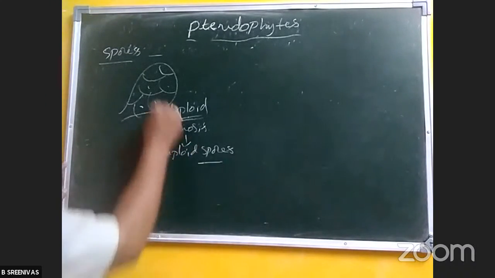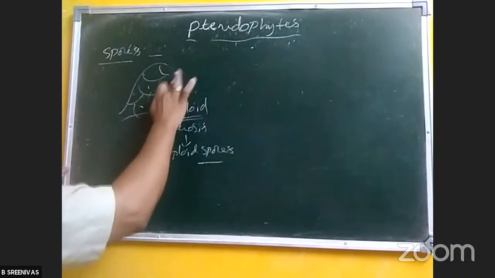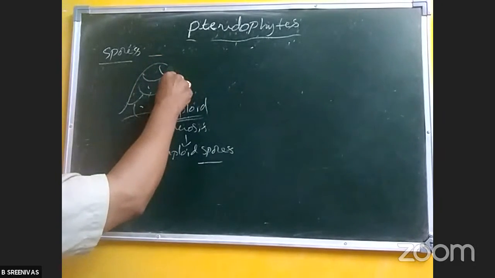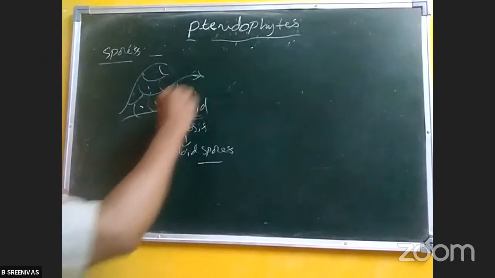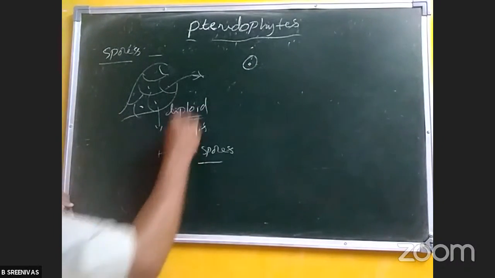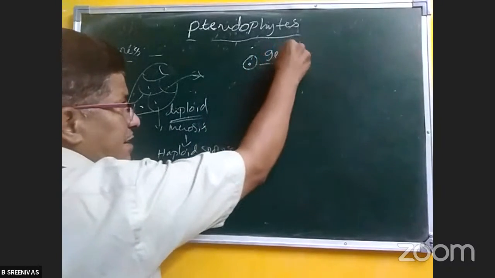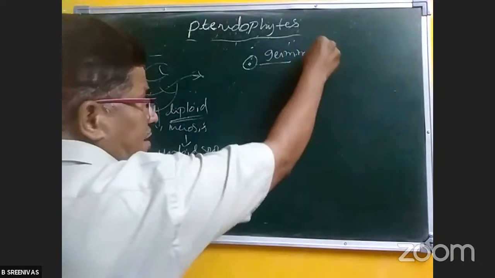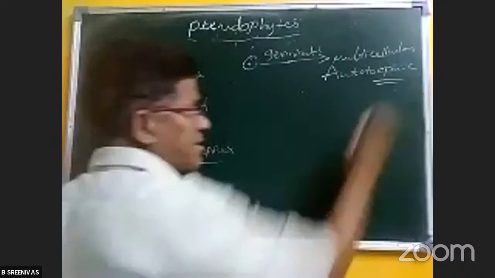After the spores are released, when the annulus breaks down, the spores are released, and these unicellular microscopic haploid spores germinate. They germinate and a multicellular, autotrophic structure is developed.